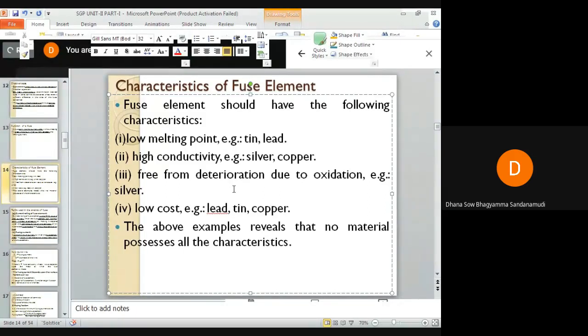This means all these characteristics are not available in a single fusing element. That's what I have written here: the above examples reveal that no material possesses all the characteristics.